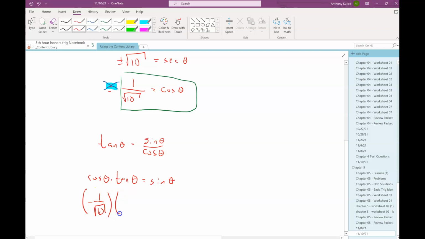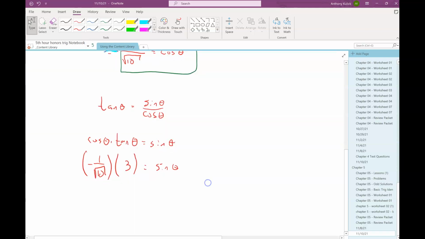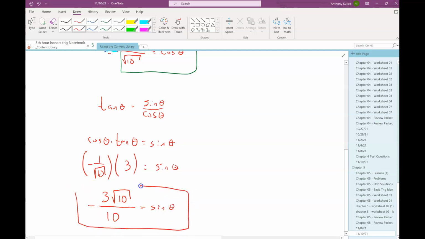And then I know cosine is negative 1 over the square root of 10, and tangent is 3. So when I multiply this stuff together and I rationalize the denominator, I get that guy.